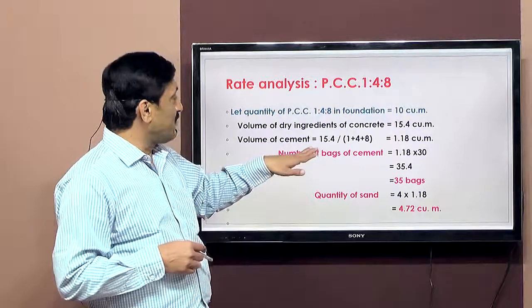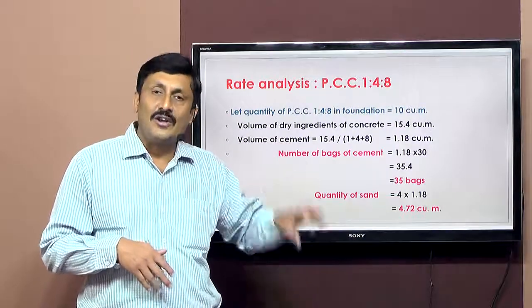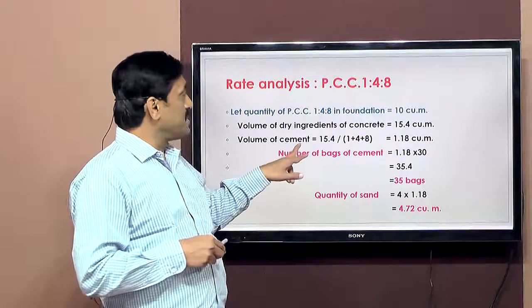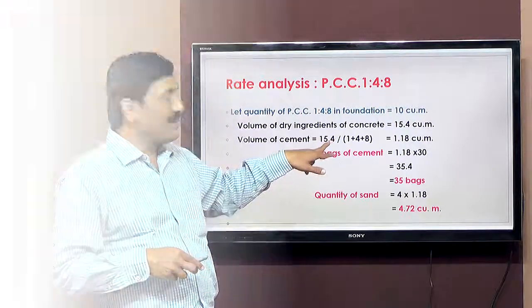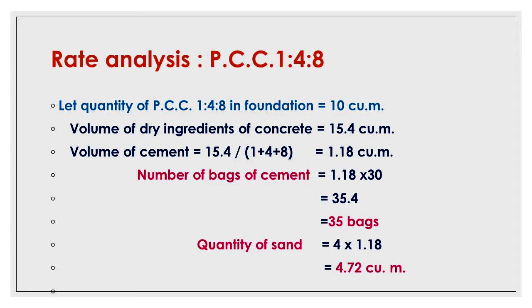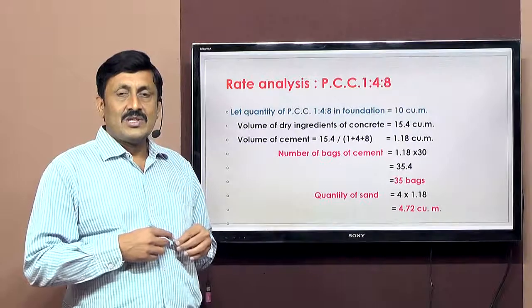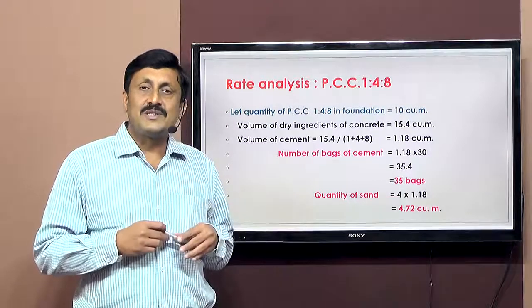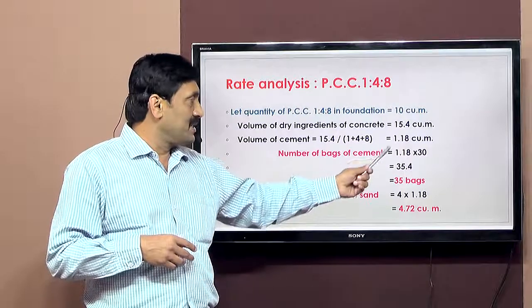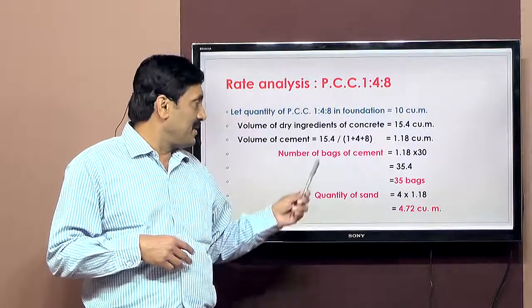First of all we'll focus on the quantity of cement. The volume of cement will be equal to 15.4 divided by 1 plus 4 plus 8, that is 15.4 divided by 13, which equals 1.18 cubic meters. So we have calculated the quantity of cement in cubic meters, that is 1.18 cubic meters.